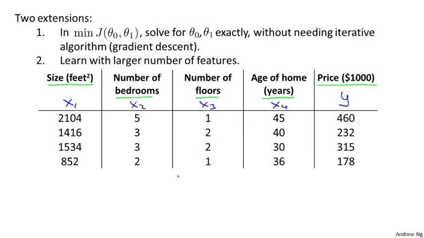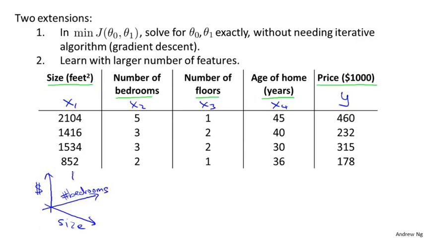With all of these features, 4 of them in this case, it becomes harder to plot or to visualize the data. For example, if we try to plot this type of data set, maybe we'll have the vertical axis be the price, and maybe we can have one axis here and another one here, where this axis is the size of the house and that axis is the number of bedrooms.